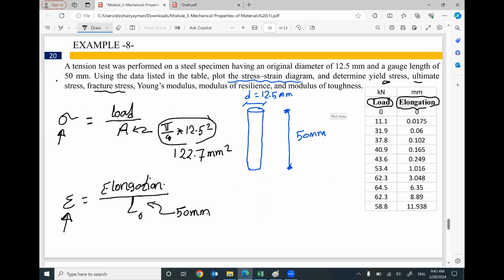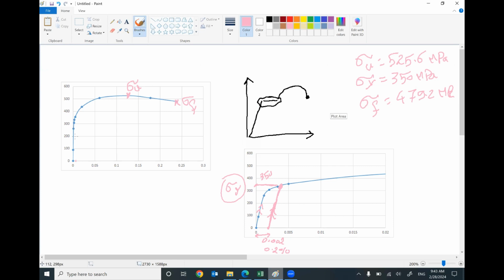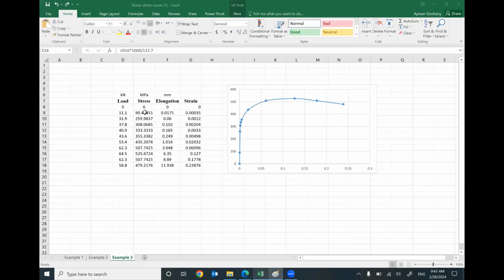What is the Young's modulus? Young's modulus means the slope of the linear relationship. What is the slope of this linear relationship? This one. So for E, I am going to select just one point, for example, this point, and I will get the slope from this point. The value of the stress is 90.46.